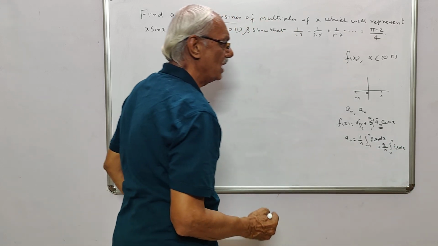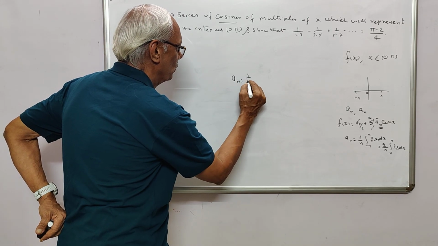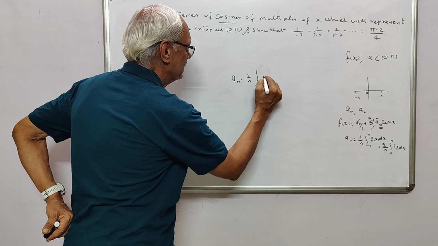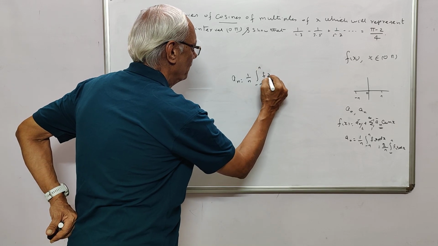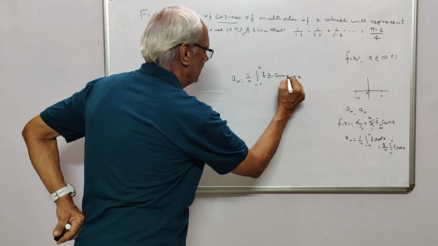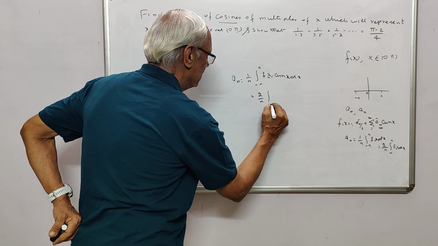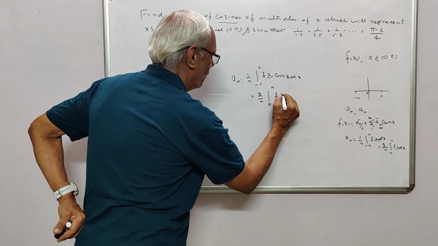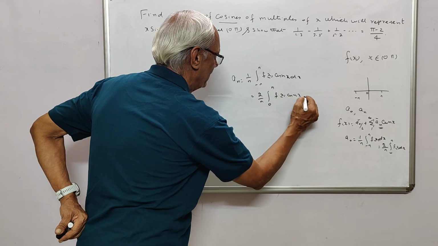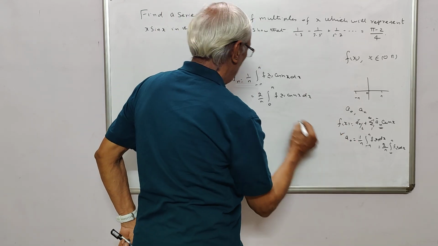And naturally what will be your an? An will be equal to 1 by pi, integral from minus pi to plus pi of f of x cos nx dx, and this will be equal to 2 by pi, integral from 0 to pi of f of x cos nx dx. So we have to find this a0 and an.